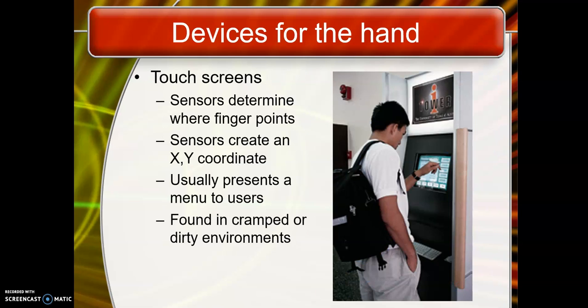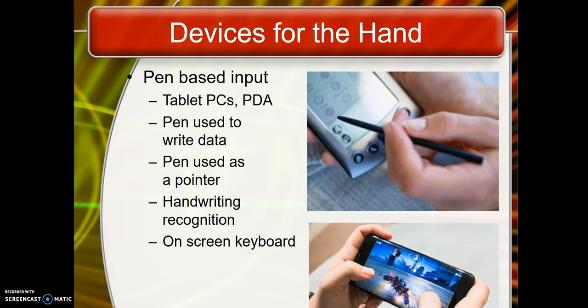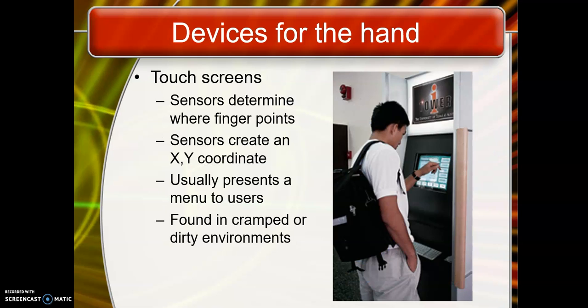Another type is touch screens. These are not much different from the tablet PCs we discussed previously. However, these touch screens are larger in size and they are associated with some specific places. Sensors determine where the finger is pointed, and these sensors also coordinate the XY plane, and usually present a menu to users.